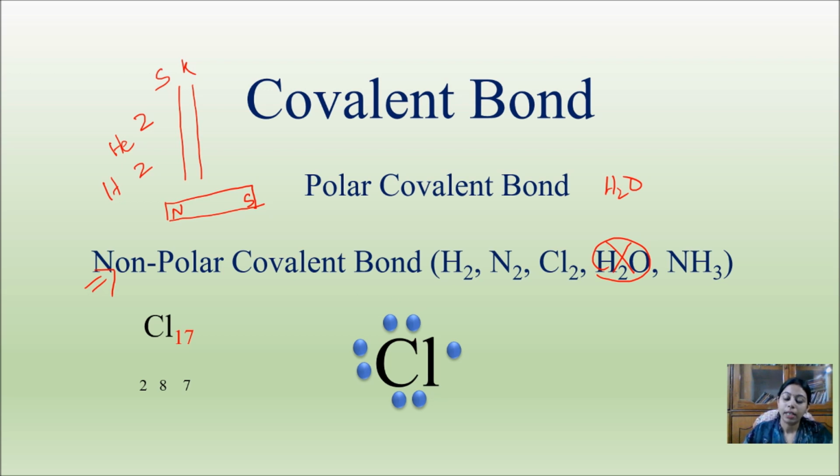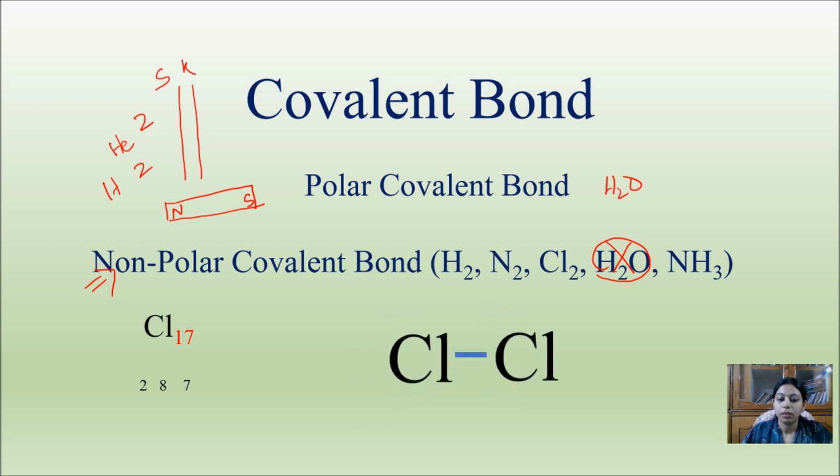So it will invite another chlorine atom to get saturated with 8 electrons, and as the other chlorine atom also has 7 electrons in the outermost shell, they will come close together, and because of that these electrons will be shared mutually to form the covalent bond. So what is a covalent bond? It is the bonding formed by the mutual sharing of electrons between any two elements or atoms.